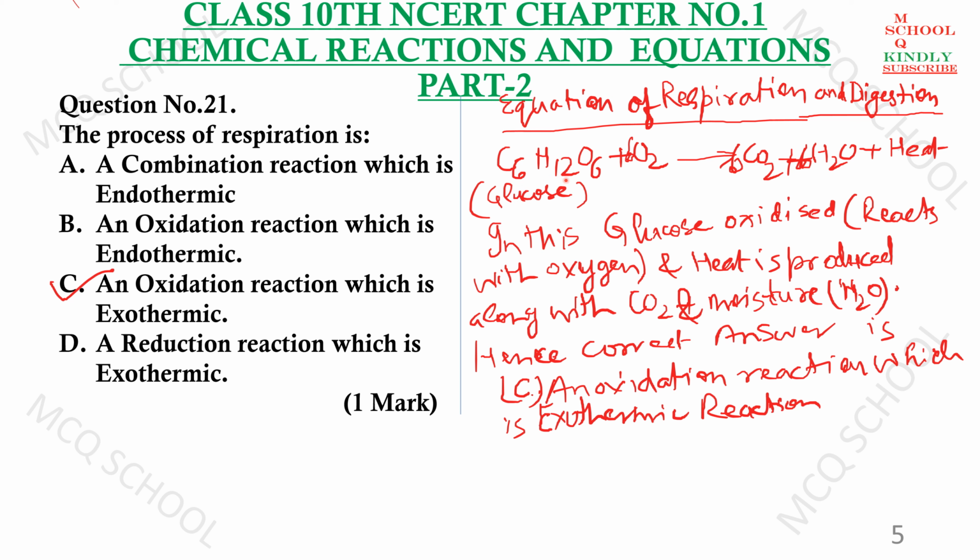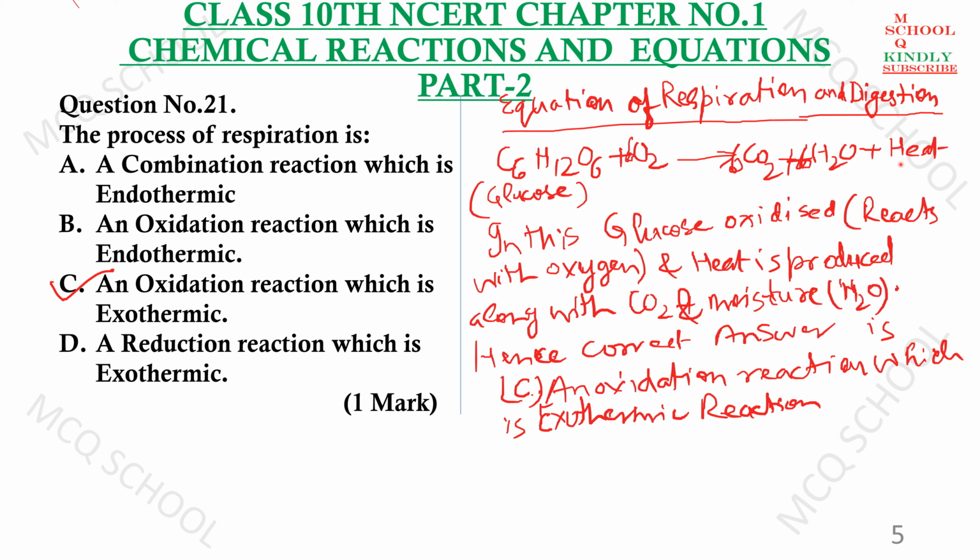The food we take has glucose and we also take oxygen through air, so that is converted into CO2, moisture and heat.